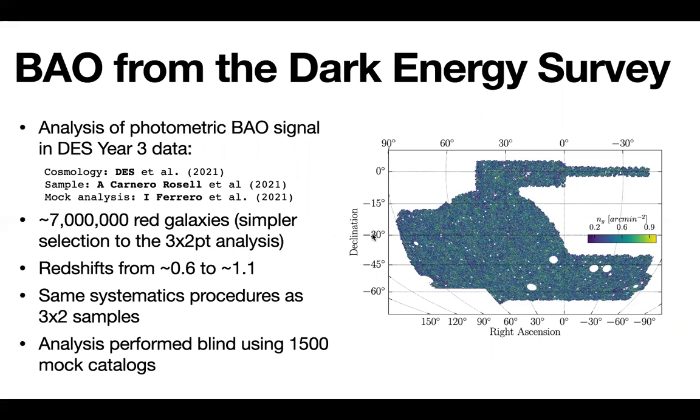We use this with a slightly different selection of red galaxies. It's slightly simpler than the 3x2, and it doesn't appear to have the same systematic issues as our redMaGiC galaxies, which was nice to find, and generally at higher redshifts. We're looking at redshifts between about 0.6 and 1.1 rather than the 0.2, 0.3 redshifts that we used for the lensing analysis.